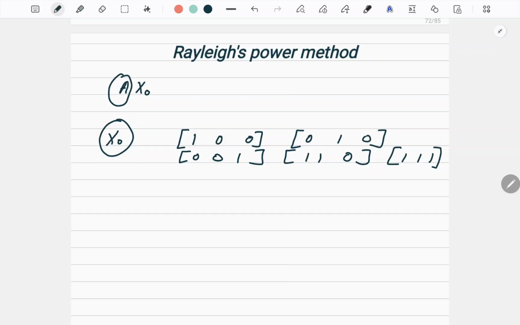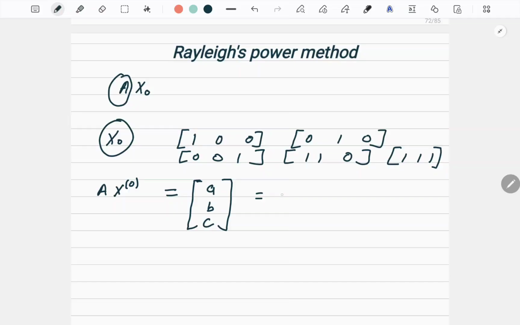Now what is the process? How will we start? This x0 is called the initial vector. First step, I will take A x0. When you multiply this square matrix and this column matrix, you will get one column matrix. Let it be A, B and C. Whichever is the largest value from A, B, C, you have to take it out.